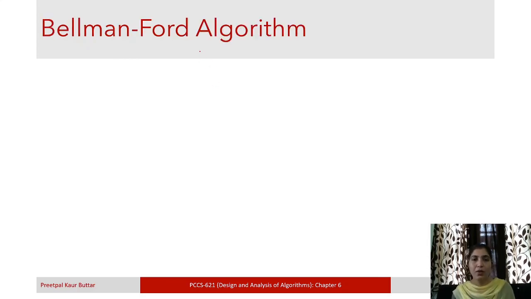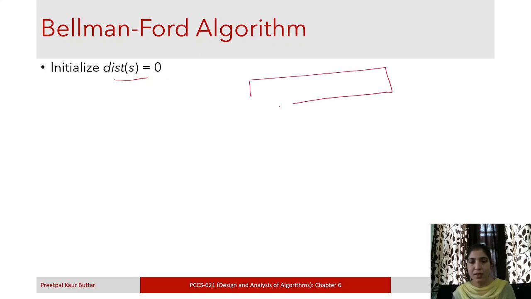Okay, so how is this algorithm working? Initially, suppose this is a table, an array which will store the distances from the source vertex to all the other vertices. Suppose there are vertices 1, 2, 3 and up to n minus 1.